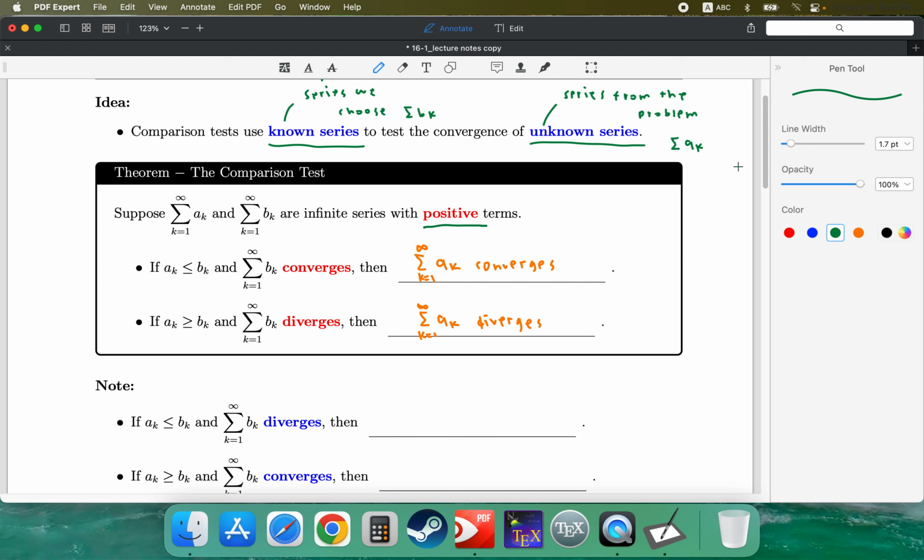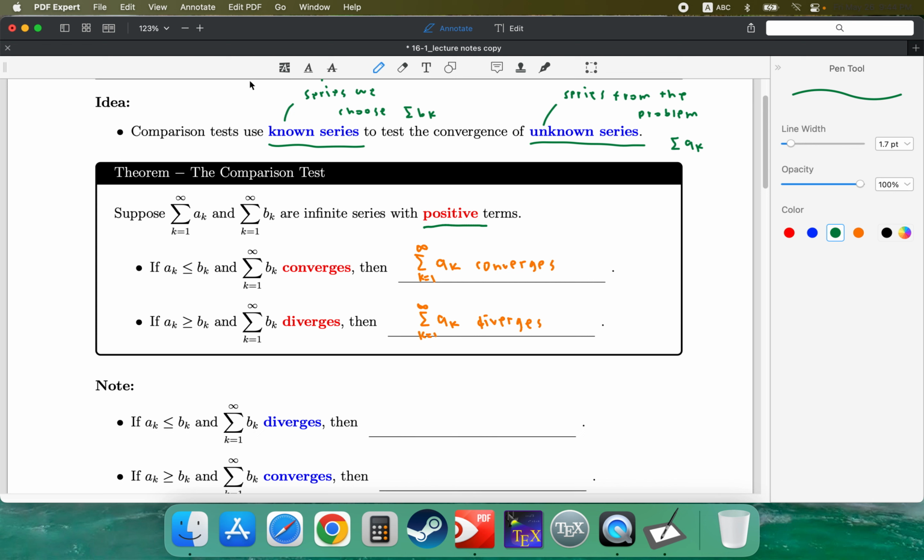Notice that comparison tests use known series. So we need to find some series we know, like a geometric series or a P series, to test the convergence of an unknown series.